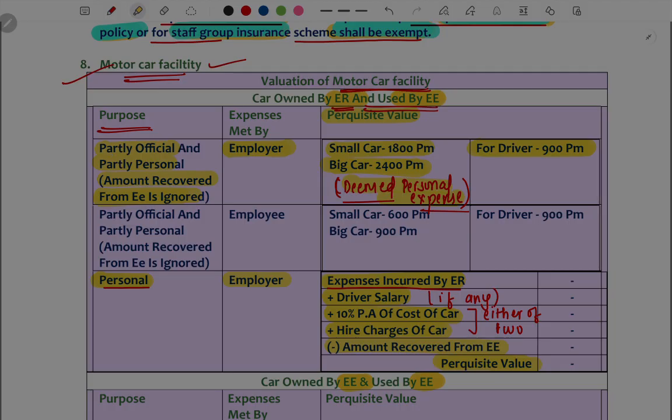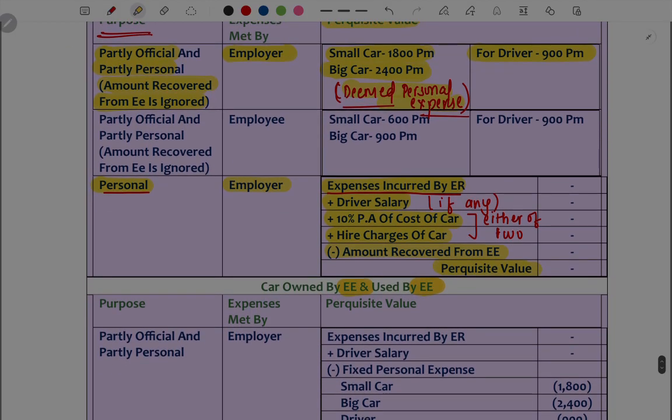When the car is owned by the employer, used by the employee, and expenses are made by the employer, partly official, partly personal, the amount recovered is ignored. Why is it ignored? Straight away it is personal expense here, and that would be your perquisite value, because the official one will not receive any perquisite value. Official is official.